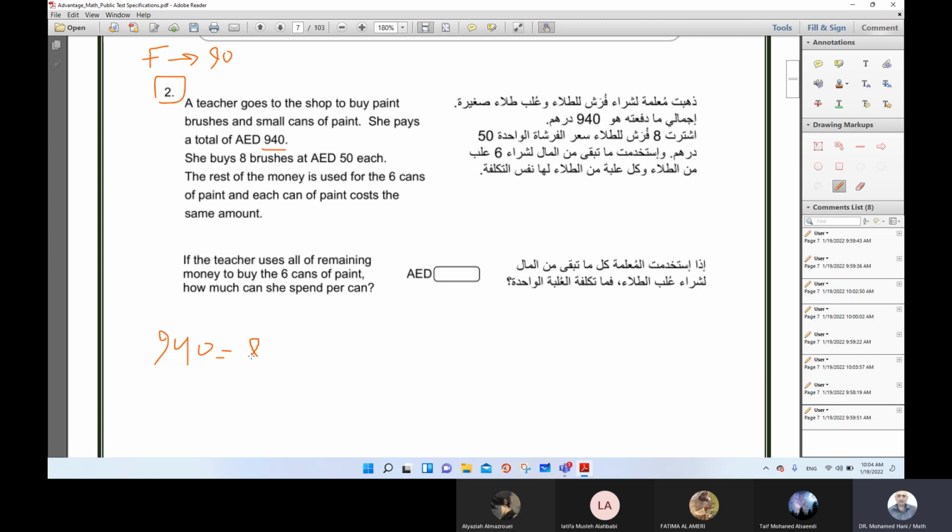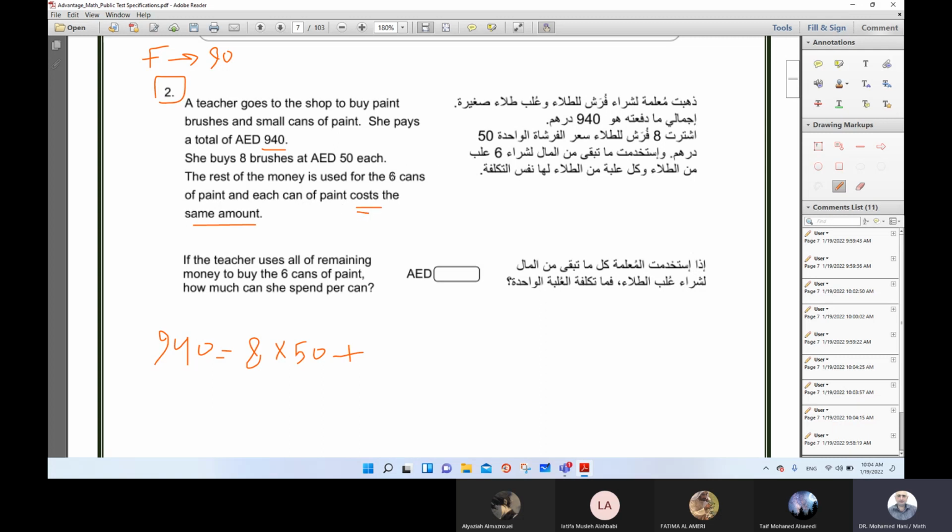So we have 8, the price of each one will be 50, plus the rest of the money is used for the 6 cans of paint, and each can of paint costs the same amount. But we don't know the cost.